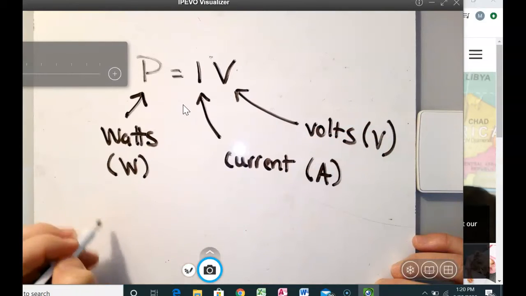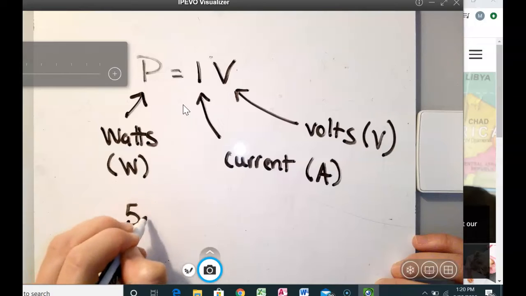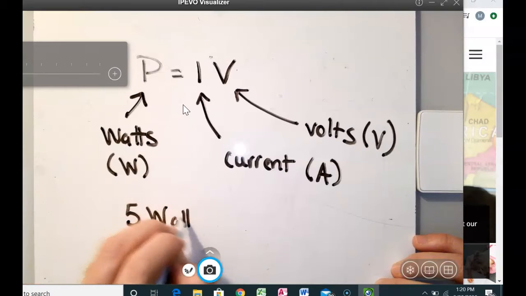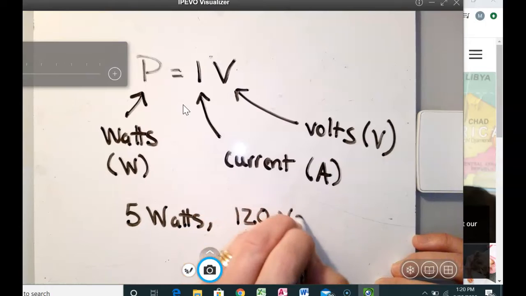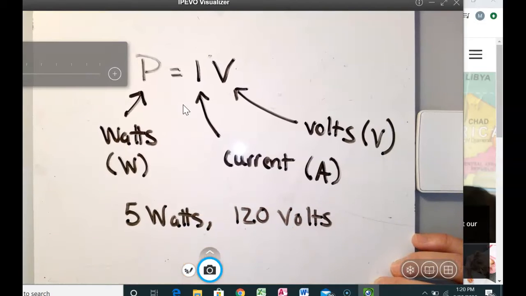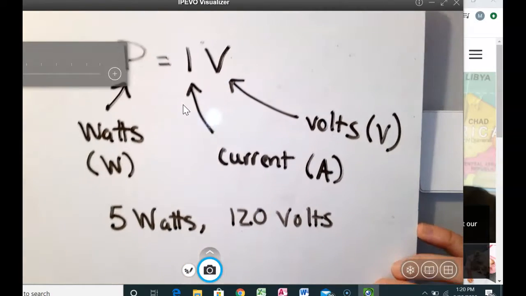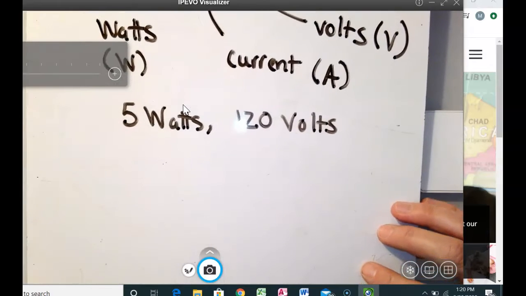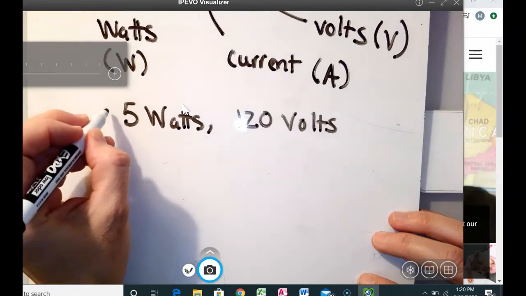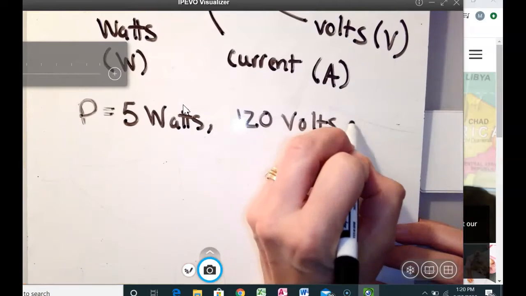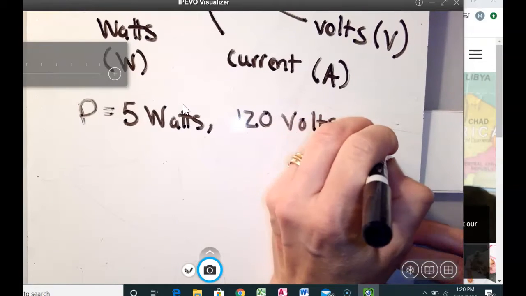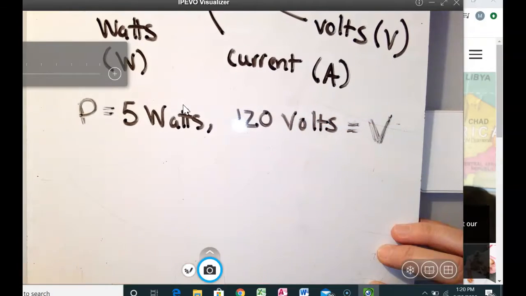So that clock just told me that it has 5 watts and it needs to run off of 120 volts. So I can take that information and plug it into the equation. This is equal to my P value, and this right here is equal to my V value.